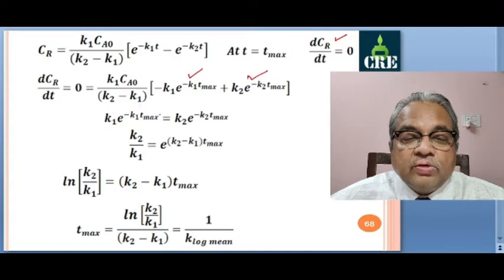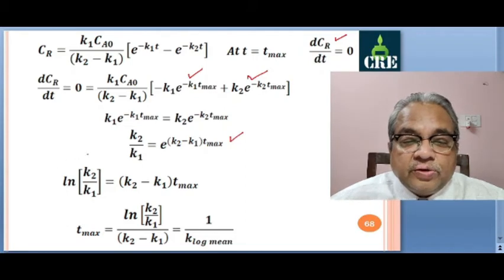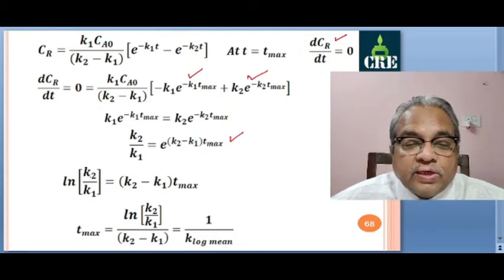K1 e raised to minus K1 into t max is equal to K2 into e raised to minus K2 into t max. This I can write as K2 by K1, and this goes in the denominator on this side and can be written as e raised to bracket K2 minus K1 into t max. This is nothing but just algebraic rearrangement. If I take log of both the sides, ln of K2 by K1 can be written as K2 minus K1 into t max simply.